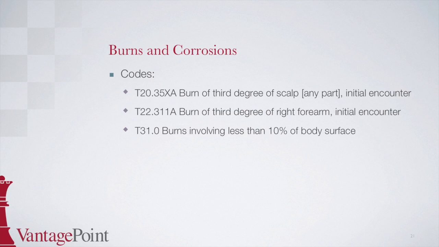The last code is T31.0, burns involving less than 10% of body surface. Even though only 6.75% of the total body surface area was affected by the burns, and the guidelines state that coding for TBSA is only required when 20% or more of the body is covered, I wanted you to practice coding this in ICD-10.